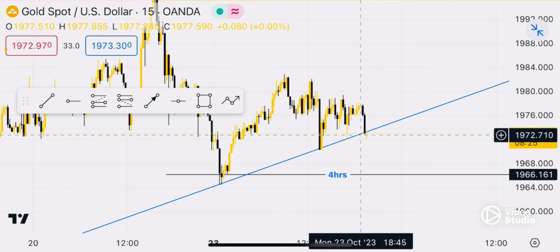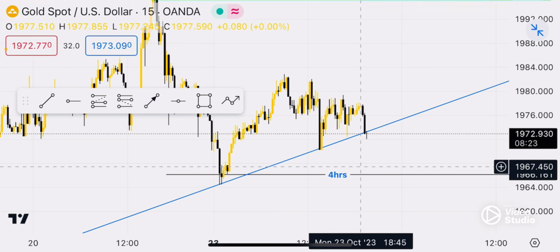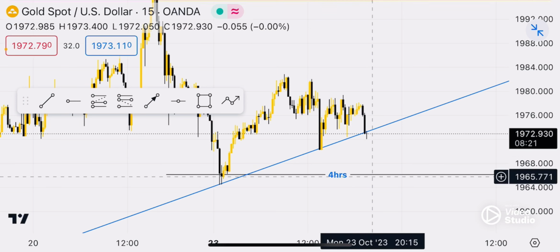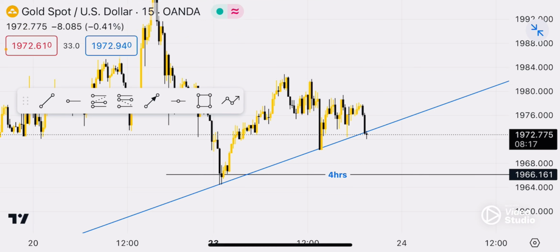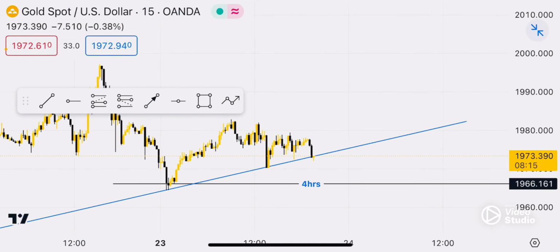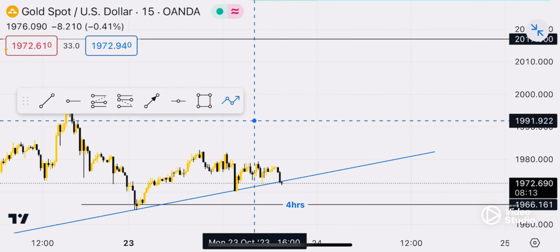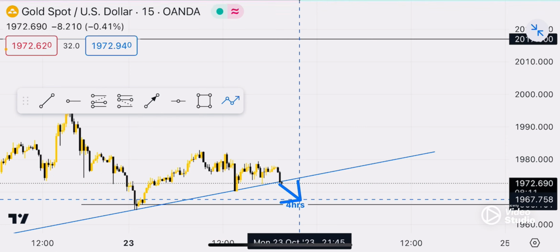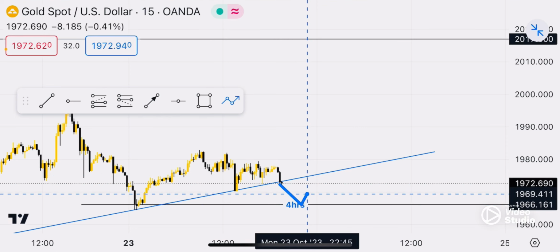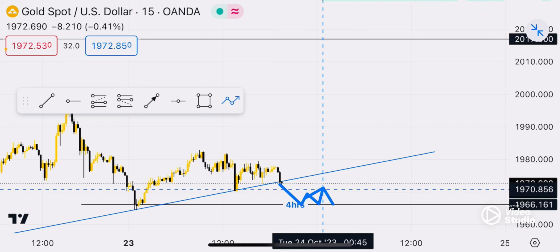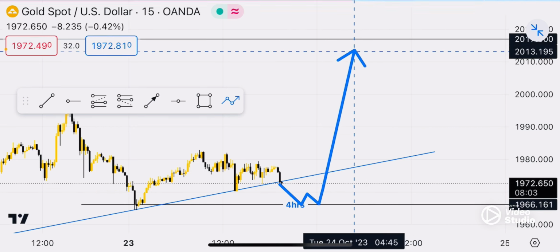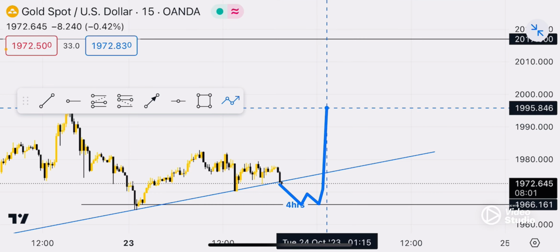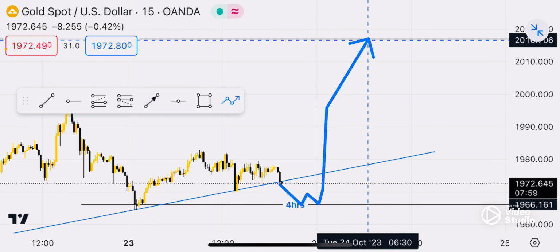I'm expecting a retest of this level, which is the 4 hours level, and then boom. Before I take that trade, I want to see the market, after retesting it, give me something like a W. On the neckline break, I will take that buy, which I'm anticipating here first, and then here.